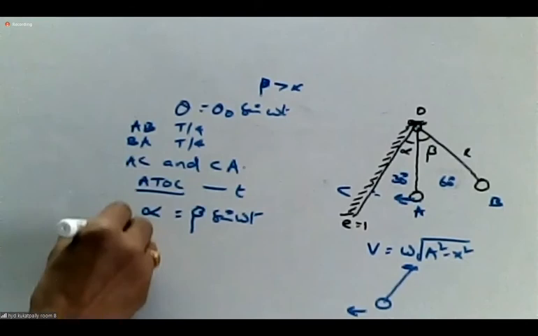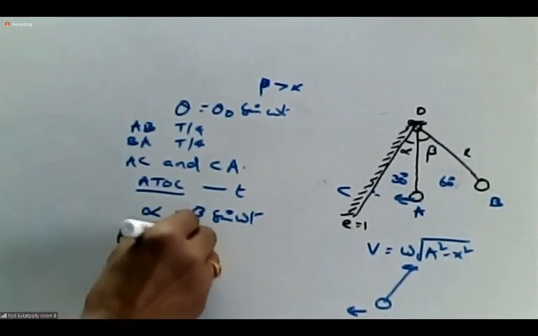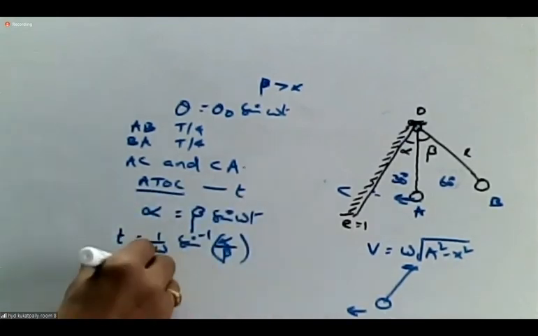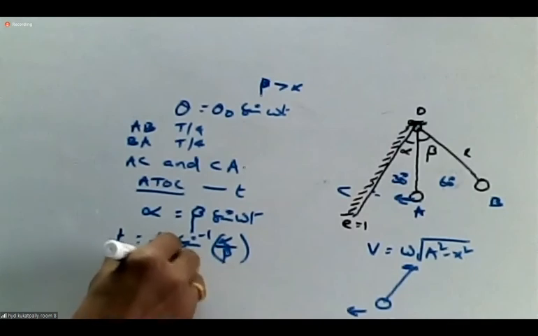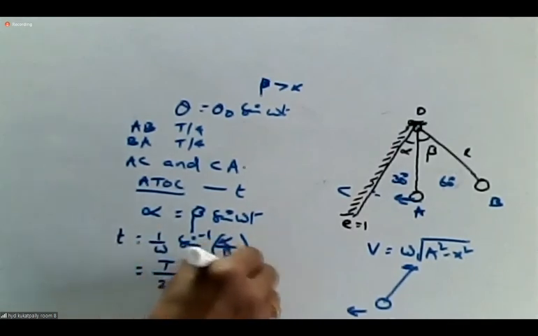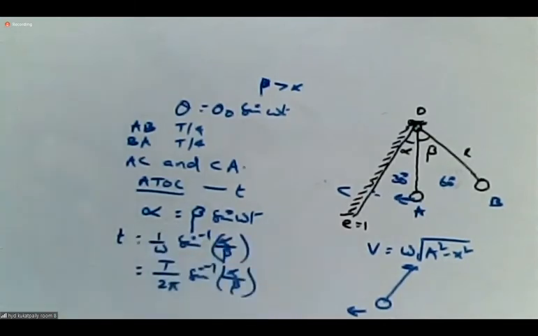Then what is time, sir? Time is 1 by omega sine inverse alpha by beta. Since omega is 2 pi by T, this is T by 2 pi sine inverse alpha by beta. This is the time taken.